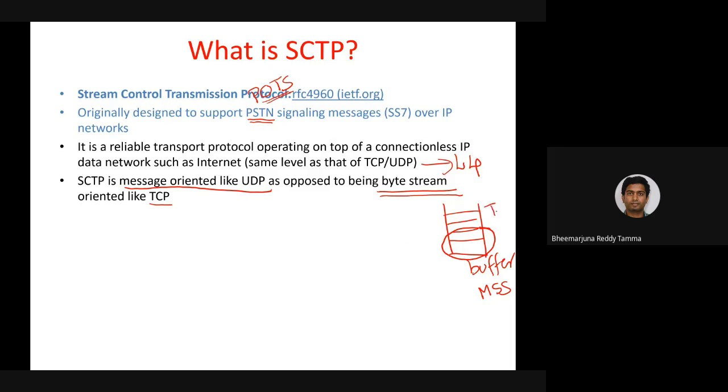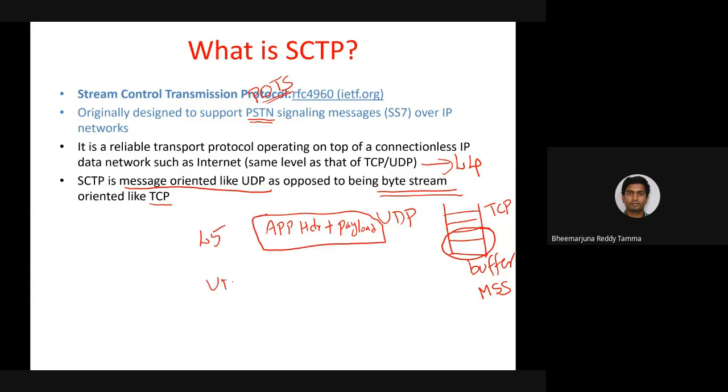But if this is for TCP, what happens in the case of UDP? What is message orientedness? Let's say you have the application header plus payload. This is the one that is created by our layer 5.